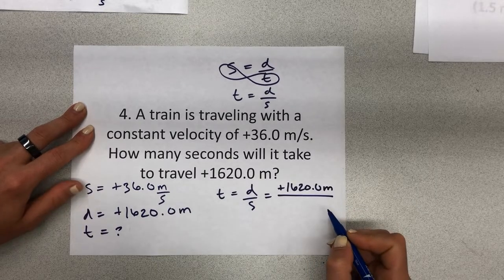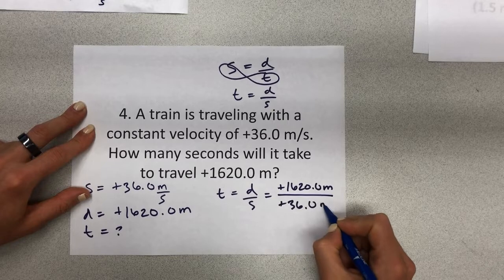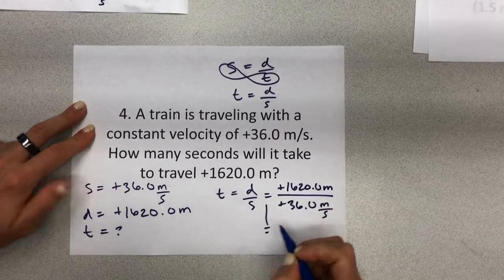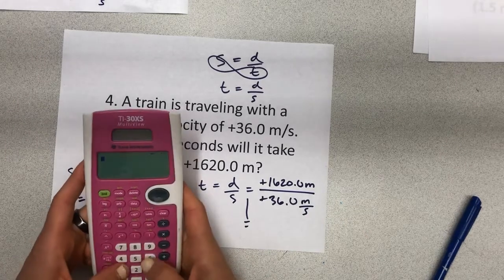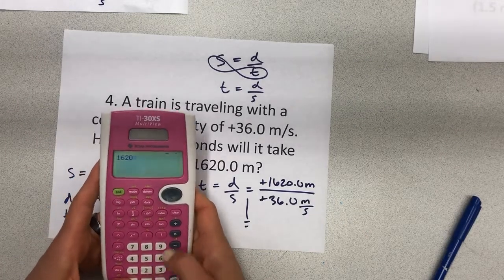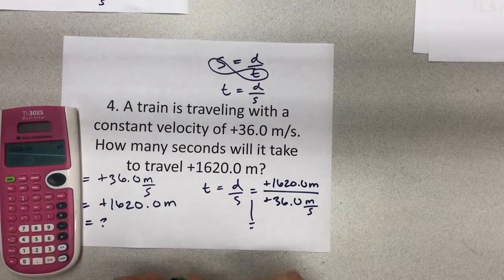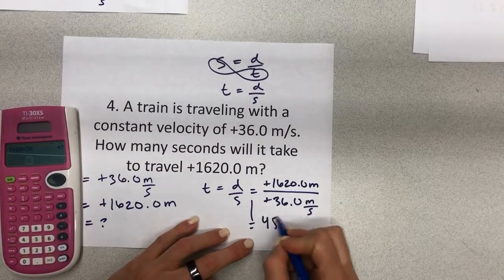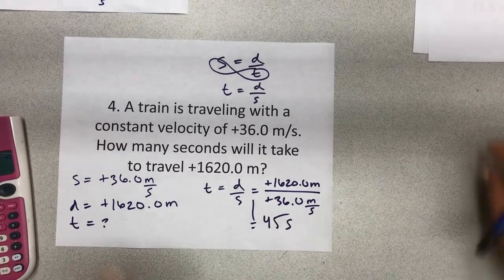I divide by my speed, which is positive 36.0 meters per second. Let's get my answer here. 1620 divided by 36, boom. And I get the lovely answer of 45 seconds.